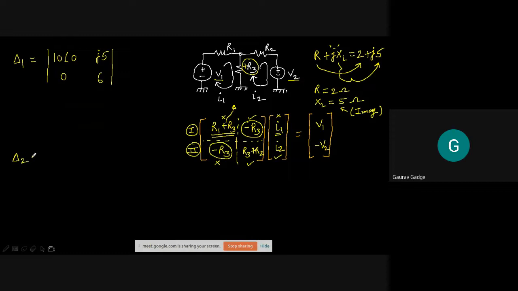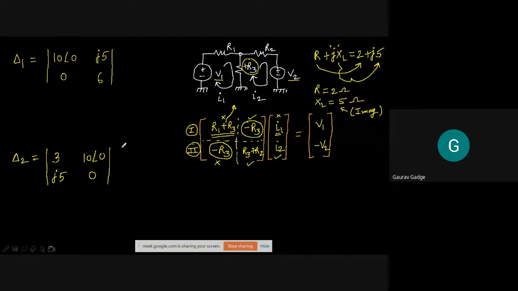For that purpose, you have to replace the second column by the voltage column, keeping the first column as it is. That is, 3 plus J5, this first column remains the same, but replace the second column by the voltage column, that is 10 angle 0, 0. So this gives you the value for delta.